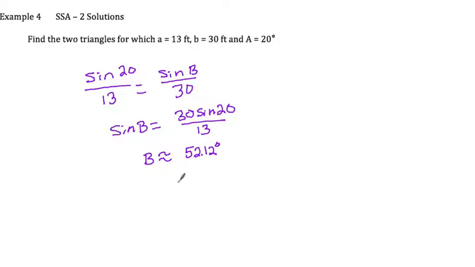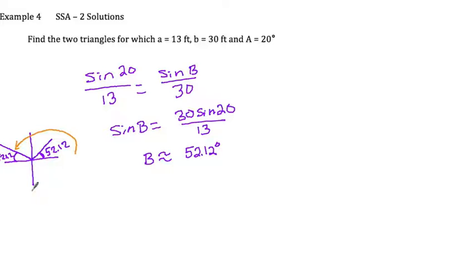Now this is where it starts getting a little interesting. If you remember from the unit circle, sine is positive in quadrant 1 and in quadrant 2. So this could be 52.12 degrees, or this could be 52.12 degrees. It can work for this angle, but it also can work for this angle right here, can't it?